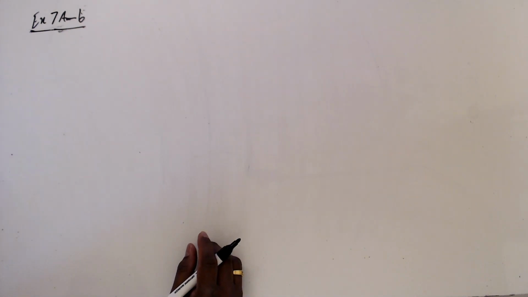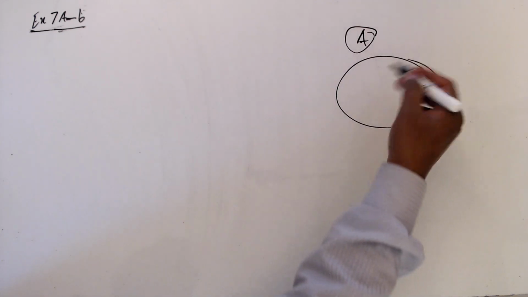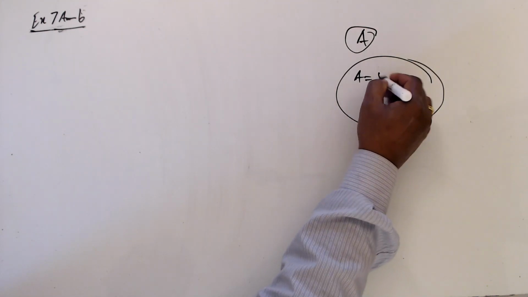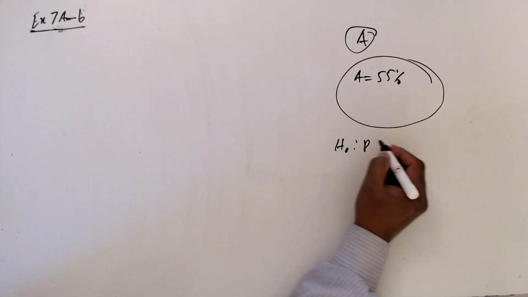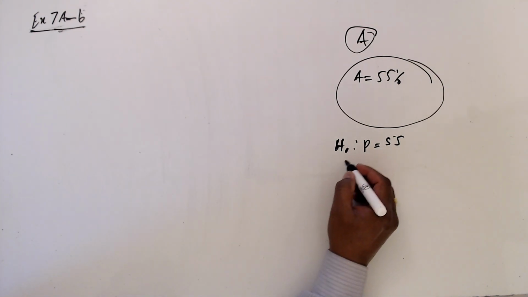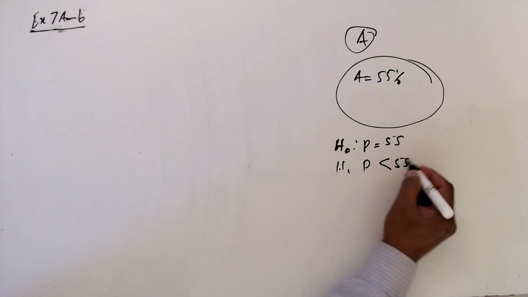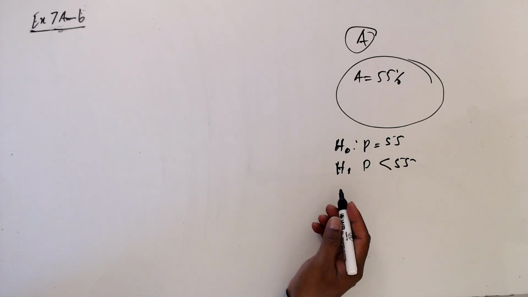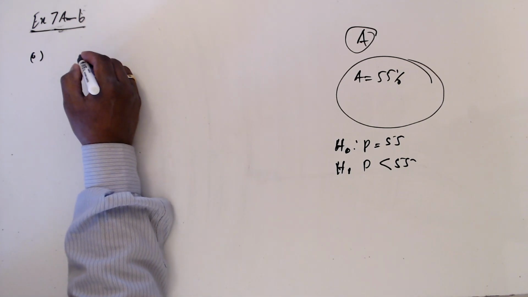Question number 6, it is a voter story. So there is a person A. A's newspaper found out that they have 55% support. So H naught is P equal 55%, and due to certain reasons they think that this has now reduced. Now they want to test this, and the test statistic is the number of supporters.